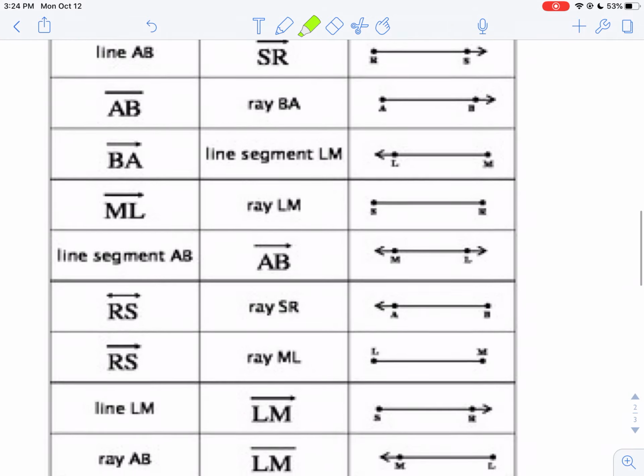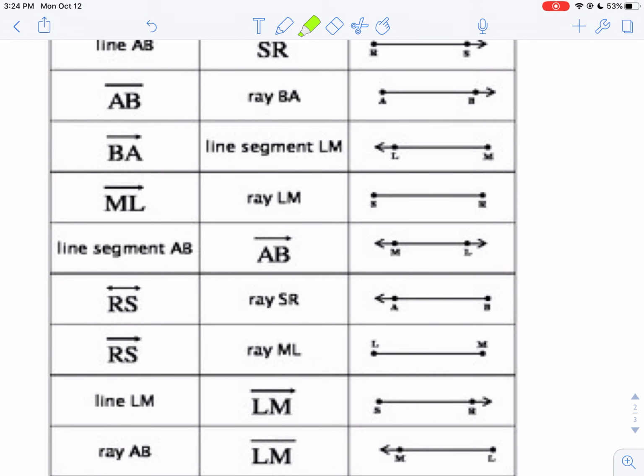If you look at the second page, I have these for you, and this is matching, okay? So again, you're going to be looking for, for example, line segment LM, that would be your term, okay? Then you need to look for the diagram. That means the same as line segment LM. So I'm looking for LM, and I'm looking for a segment.